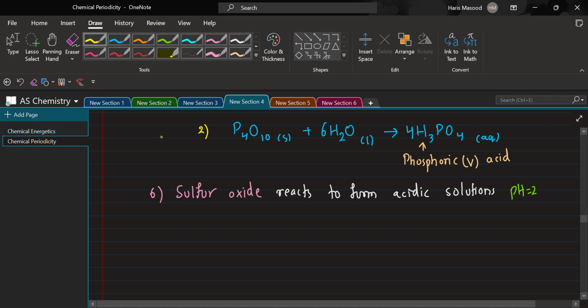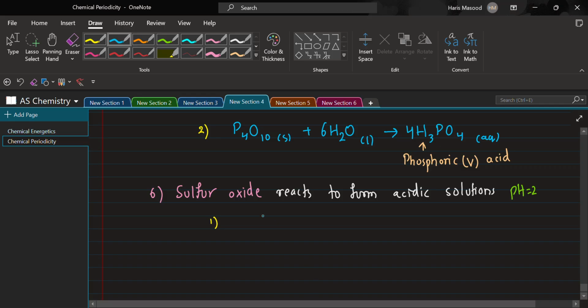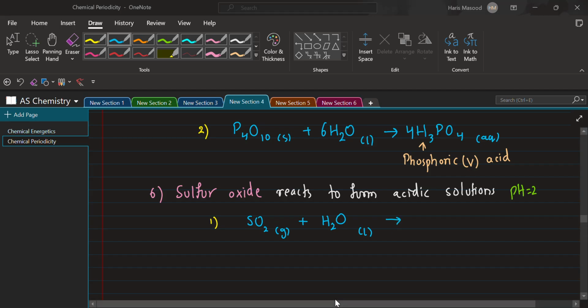So again, you have two cases. Sulfur dioxide reacts, or sulfur trioxide. So if sulfur dioxide reacts with water, it will form sulfuric(IV), or we say sulfurous acid, H2SO3, sulfurous acid.